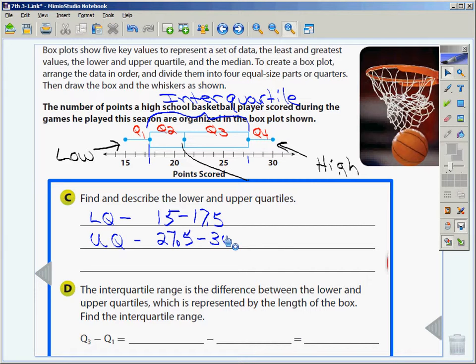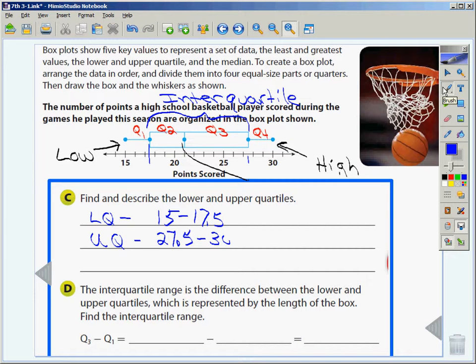So you'll see that the range in the lower quartile and the range in the upper quartile is about the same. There's about a 2.5 point range. In other words, everybody in those quartiles is pretty close together in terms of basketball, because 2 points is one basket. 2.5 points is the difference between a basket and a 3-point shot, or making one free throw. So they're pretty close together. Everybody good with C?